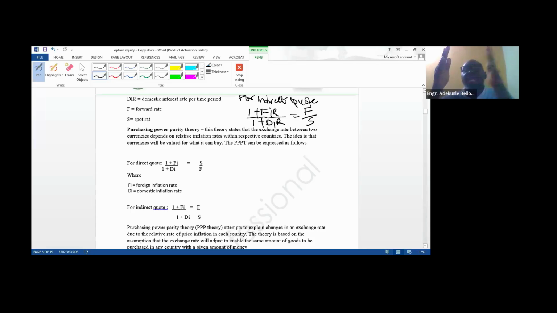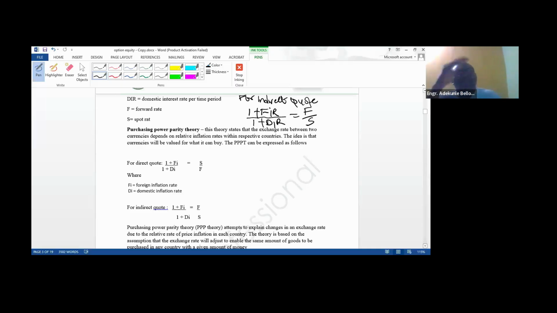This theory states that the exchange rate between two currencies depends on the relative inflation rates within the respective countries.